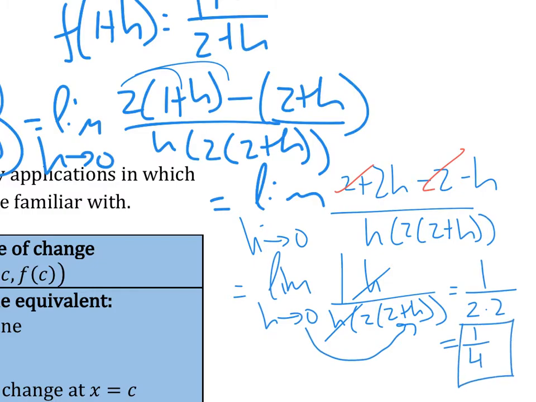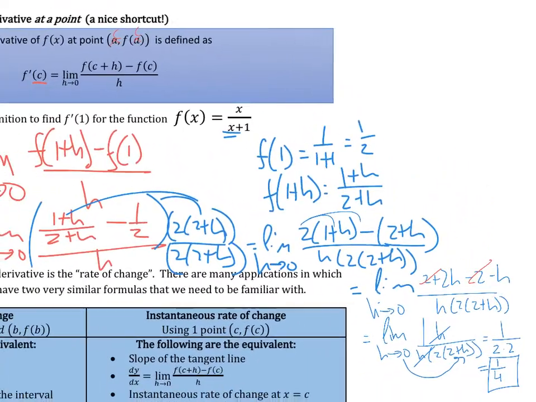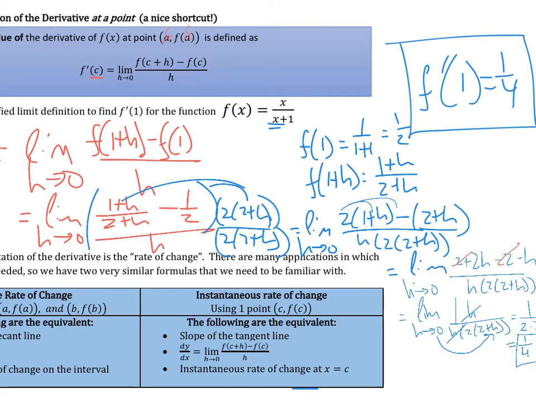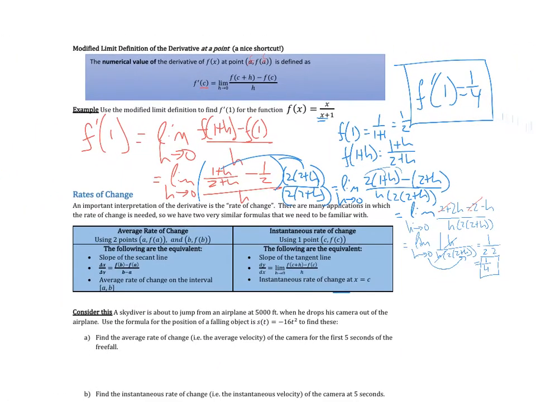So the slope of the tangent line when x is 1 will be 1/4. So we just found out that f prime of 1 is 1/4, and that is the slope of the tangent line at 1.